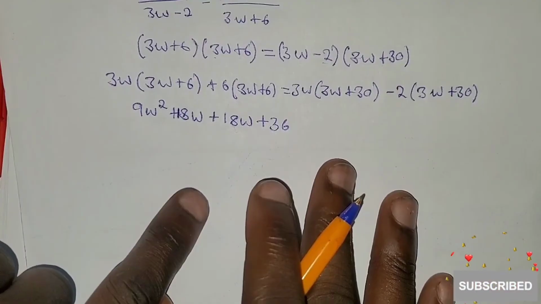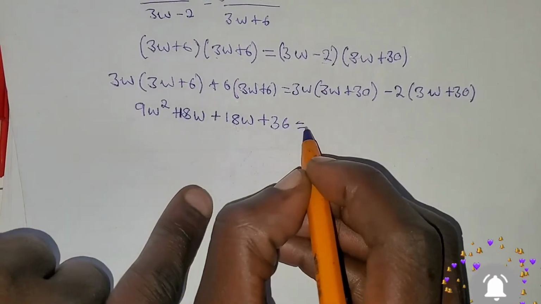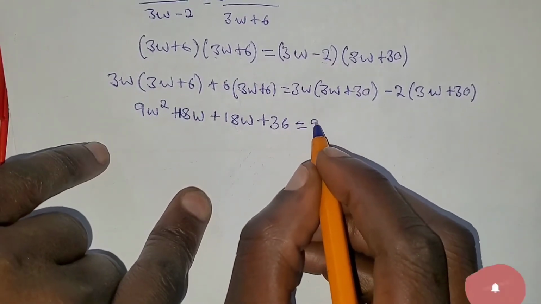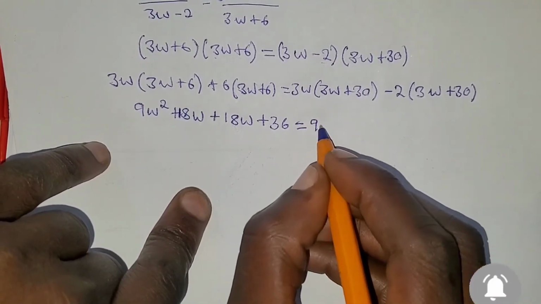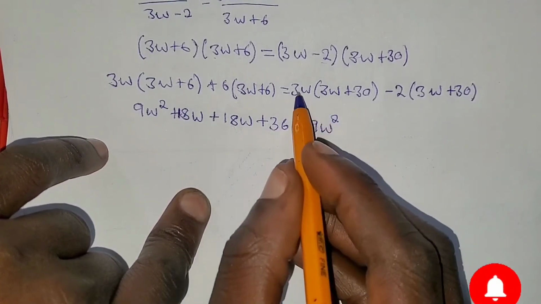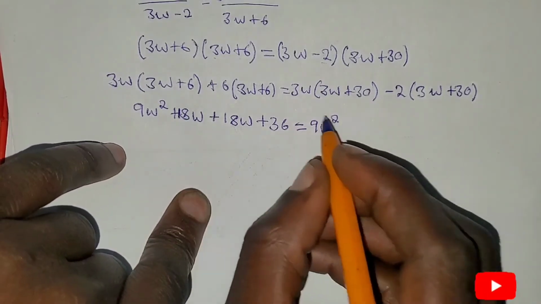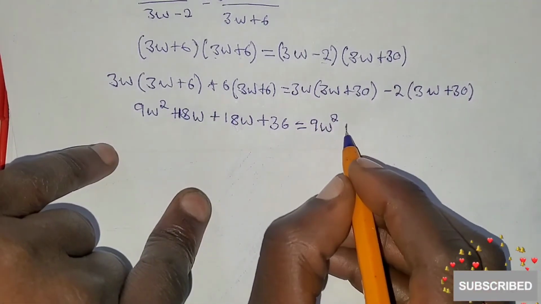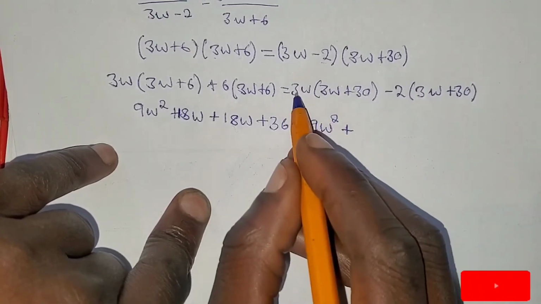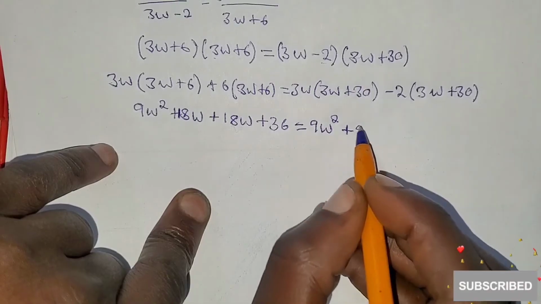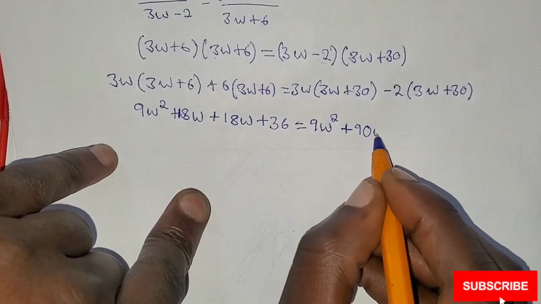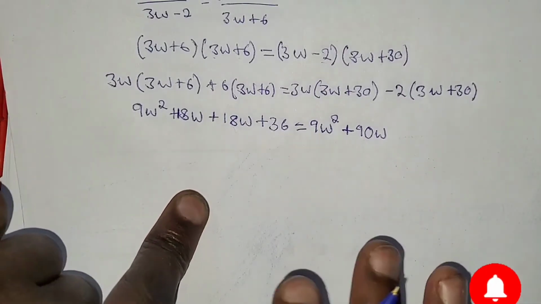Then on the right hand side, 3 times 3 is still 9, w times w is w squared. Then 3 times 3 here is 9, and because this is 30, you have a 0, so it becomes 90w.